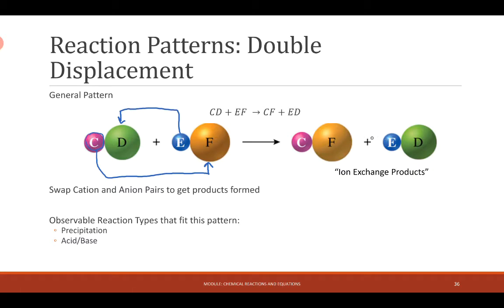These new products are what we can call ion exchange products, meaning we have exchanged which ions are bonded to each other. And so the cations and anions switch pairs. And so when we talk about our observable phenomenon, our precipitation reactions and our acid-base neutralization reactions all follow this pattern.